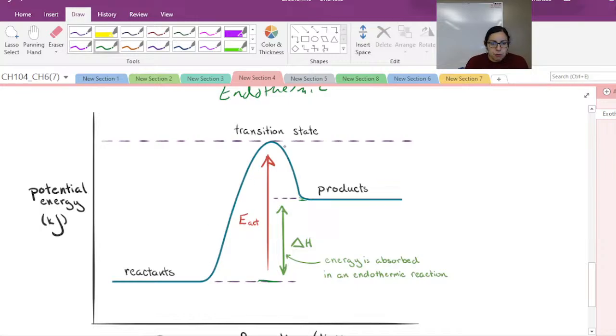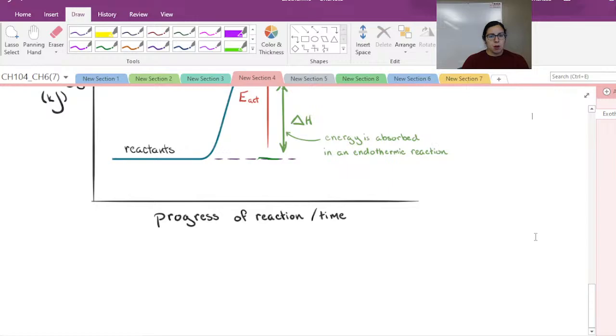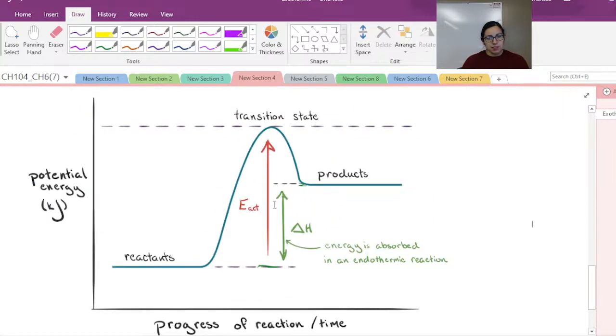And just like before, we have our activation energy and our transition state. It's just that our products are higher in energy than our reactants. That makes sense. You have some homework problems where it asks you to sketch these out.